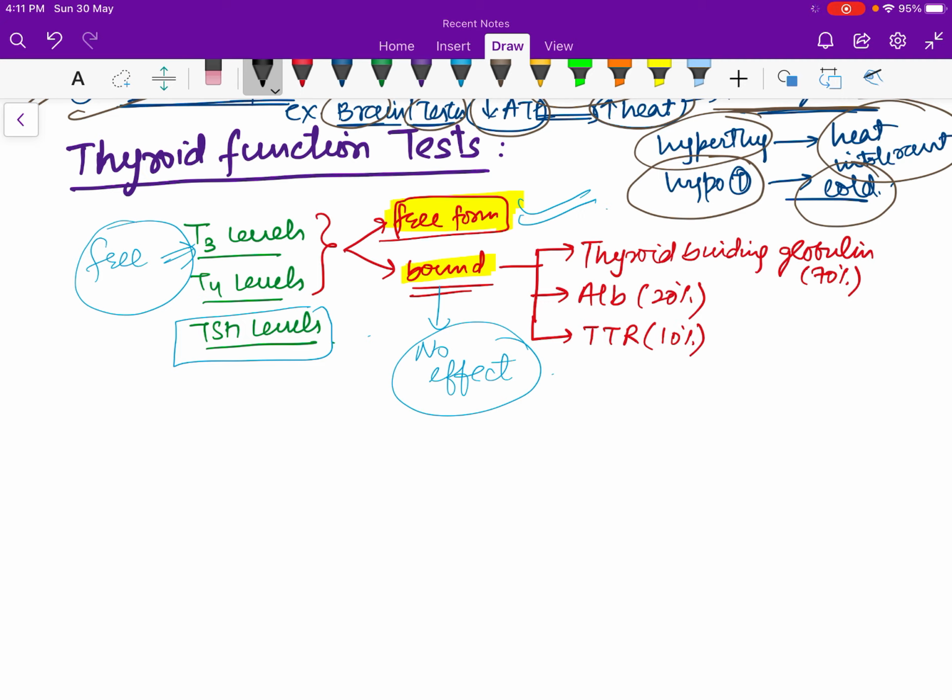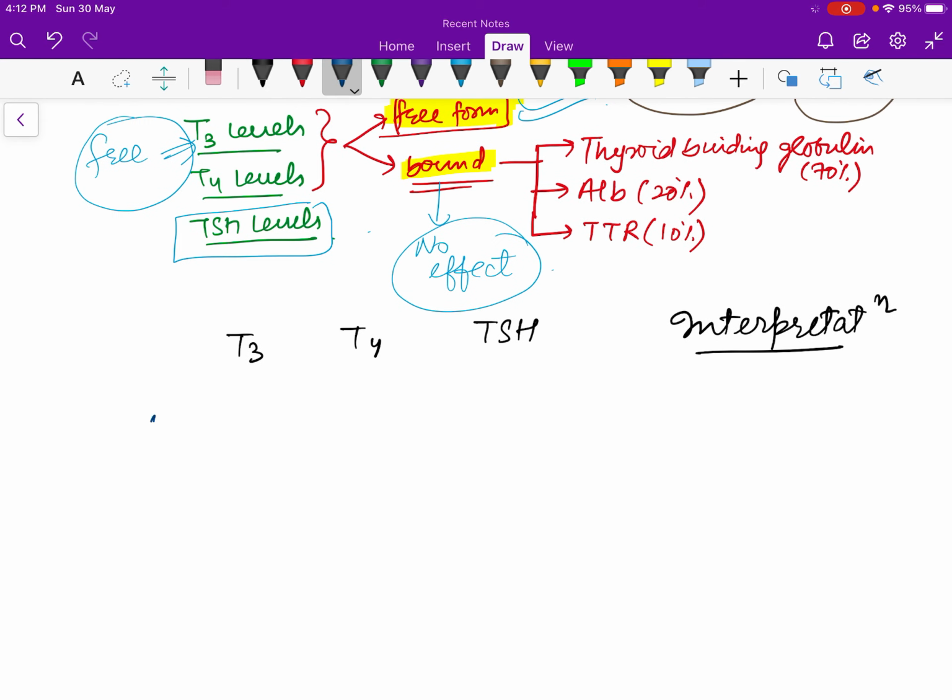This is T3, T4, TSH, and this is the interpretation. Let us discuss the first case. If free T3 is normal, free T4 is normal, and TSH is increased, what's the interpretation?